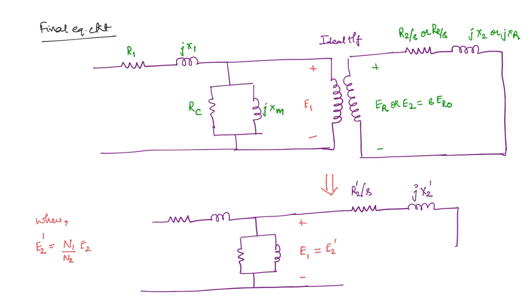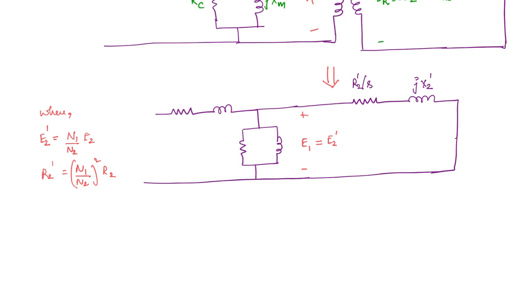Since we have referred all of these parameters to the stator side, we are using the dash. R2 dash is equal to N1 by N2 whole square into R2. X2 dash also, similarly, is N1 by N2 whole square into X2.